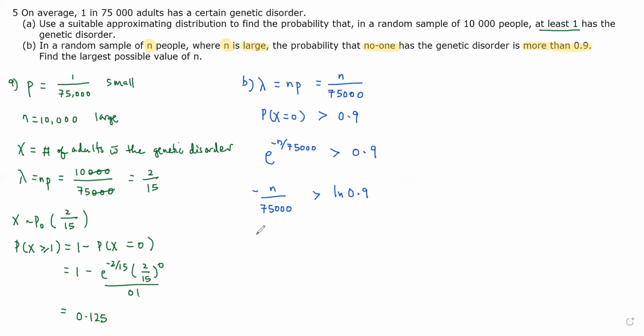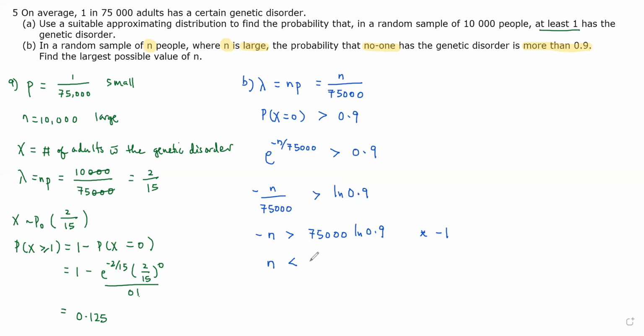Multiply throughout by 75,000. Negative n is greater than 75,000 times log of 0.9. We want to find n, so we need to multiply everything by negative 1. When we multiply an inequality by a negative value, we have to switch the sign of the inequality.